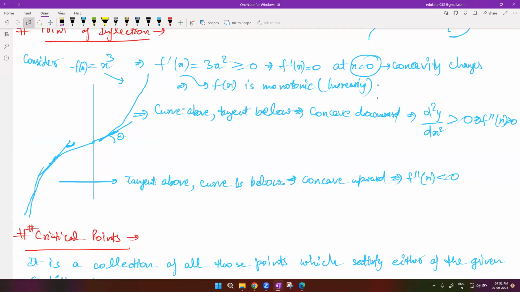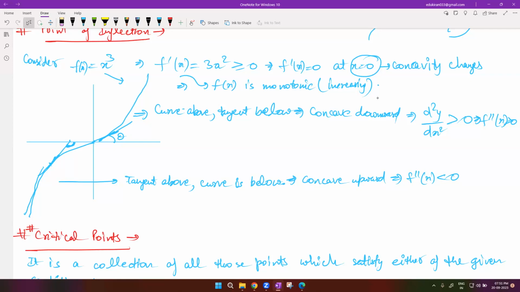In both cases the function is increasing, but is the function increasing fast or slowly? Right? We also want to understand the speed of increasing. So that is what concavity helps us with, and point of inflection helps us with. And if your function is changing its concavity, then all those points where the function changes its concavity will also give you f dash x is 0 at those points.